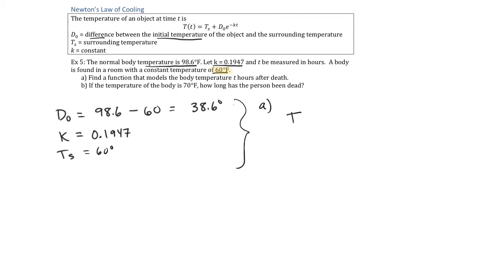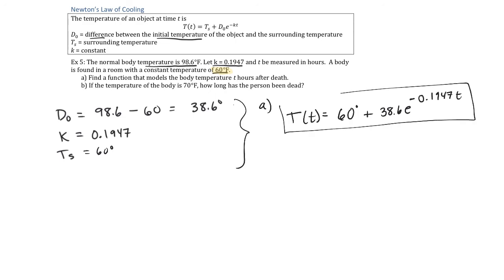The temperature with a time of t is given by the temperature of the surrounding area, which is 60 degrees, plus the difference between the temperatures, so that's 38.6, times e to the negative k, and we're going to use k of 0.1947 times t. So there's our model.